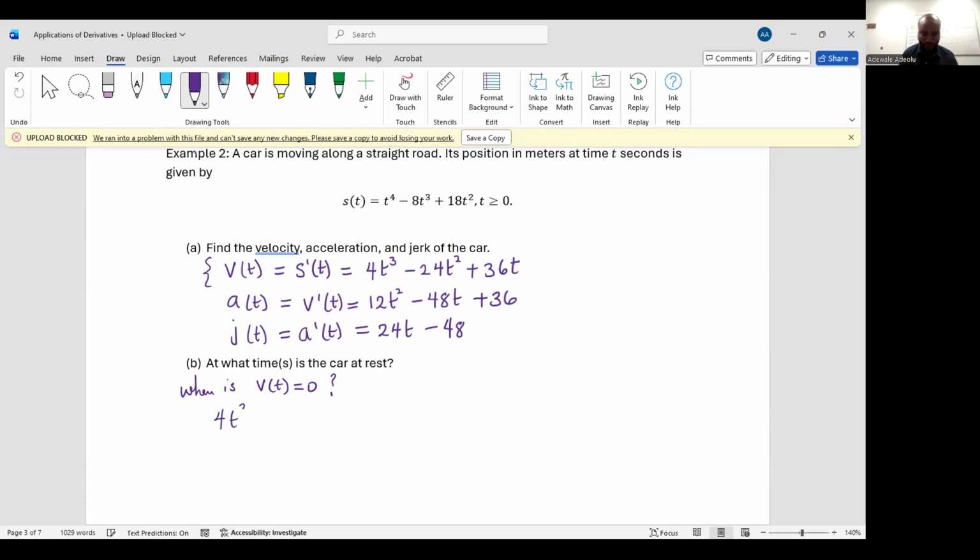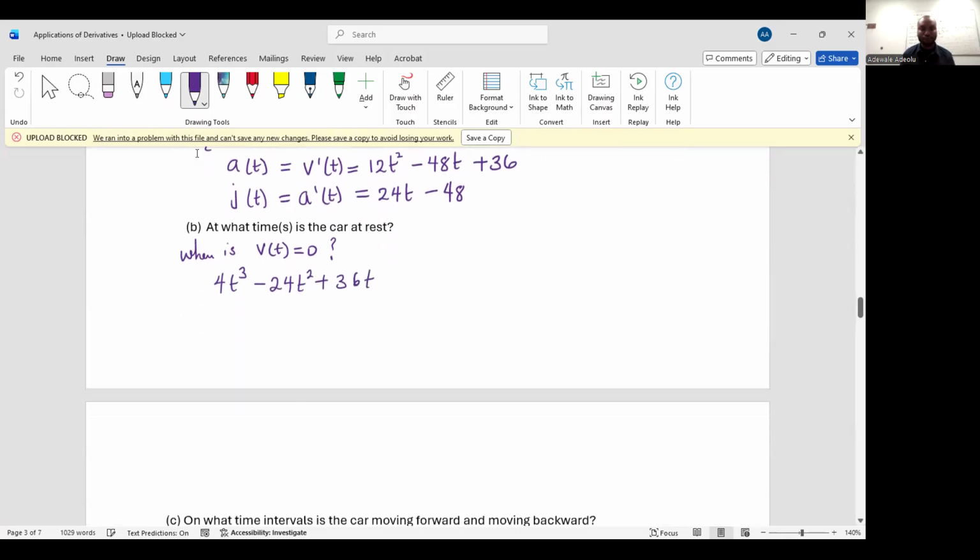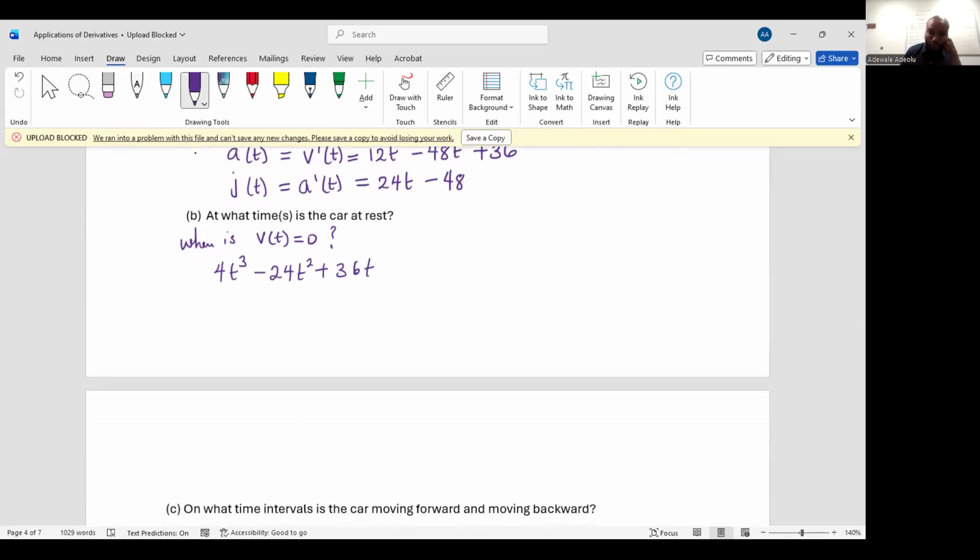That is 4t raised to power 3 minus 24t squared plus 36t equal to 0. To do this, we can factor 4t. So I have t squared minus 6t plus 9 equals 0.